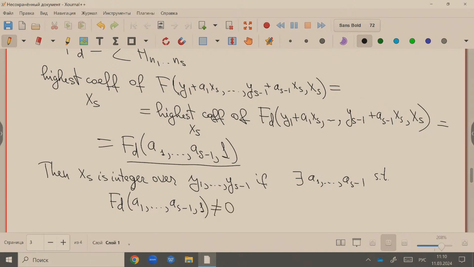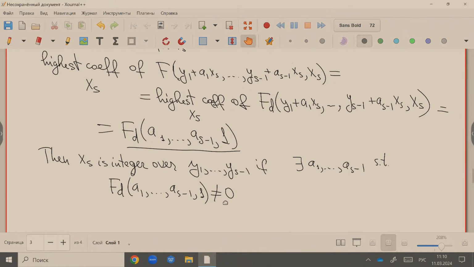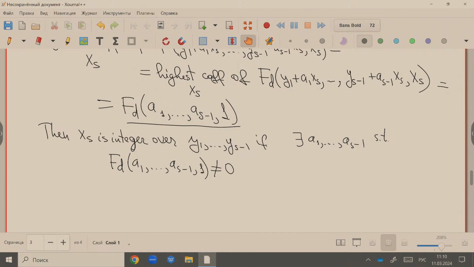So the question is: we have reduced to the need to guarantee that we can find values such that this is non-zero.